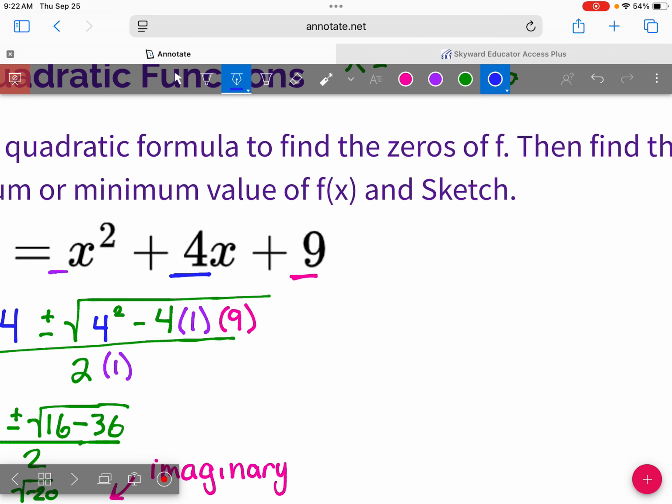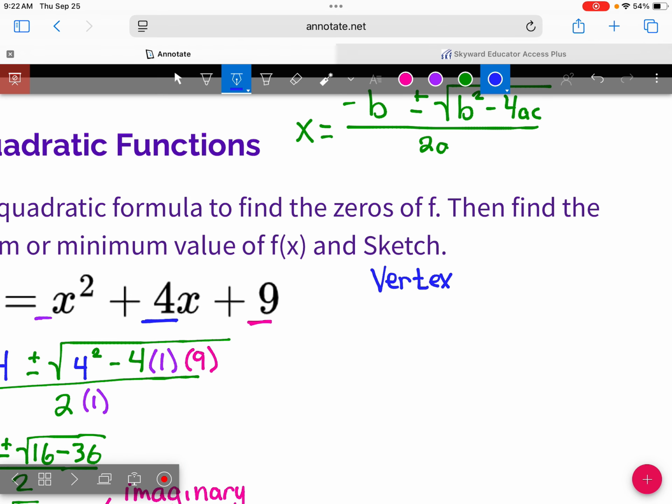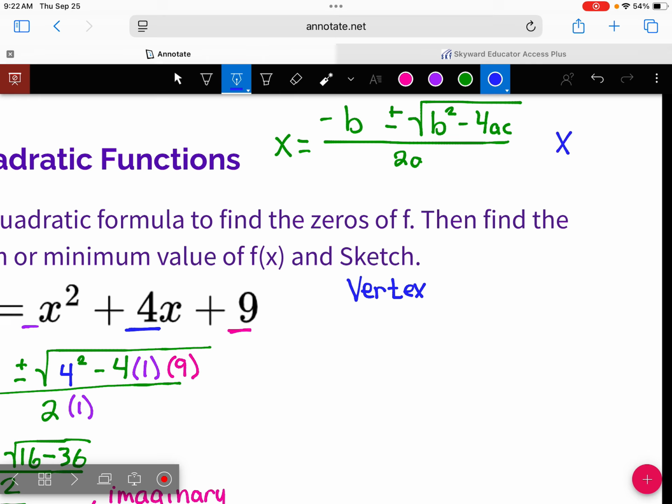Where is our vertex going to be for this one? We have several of the pieces actually already filled in. Because our axis of symmetry are these guys.